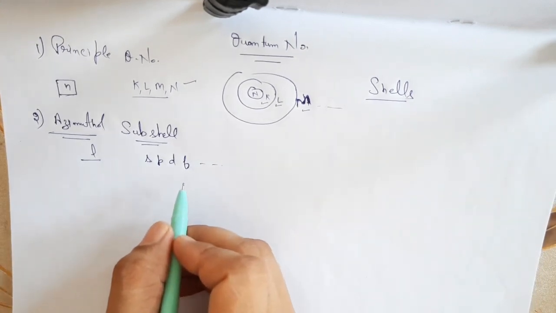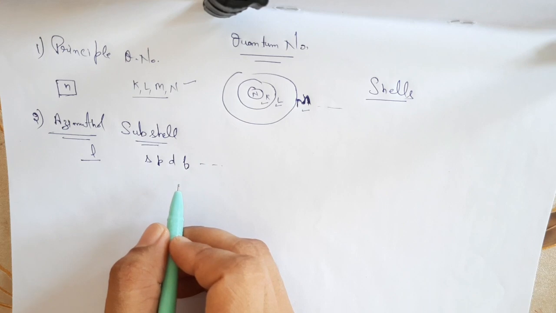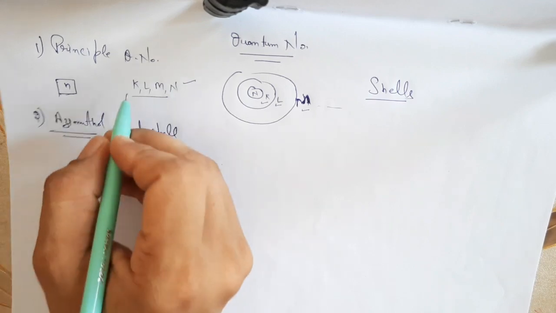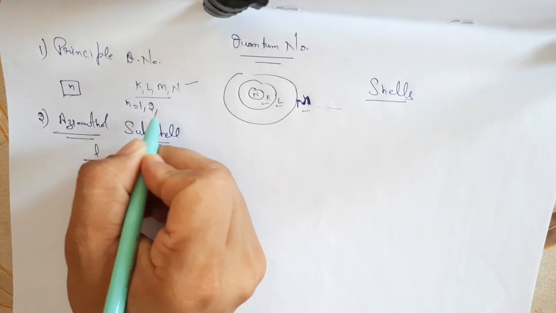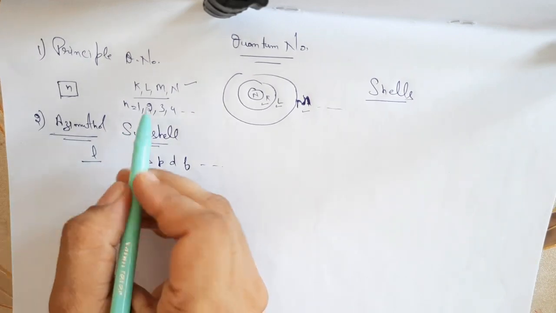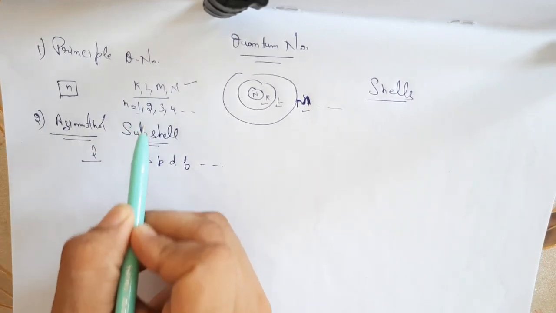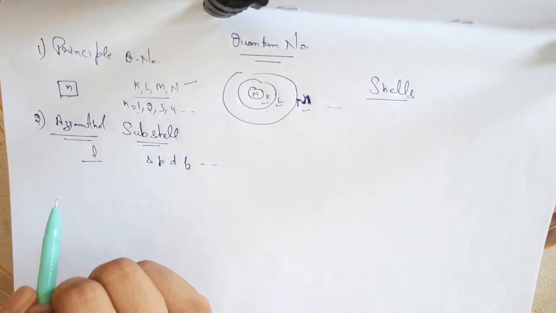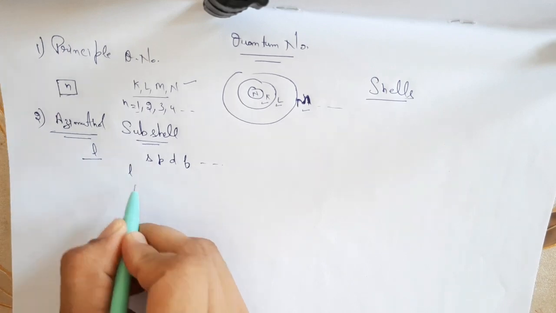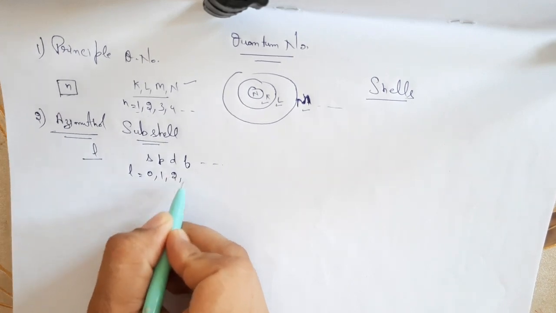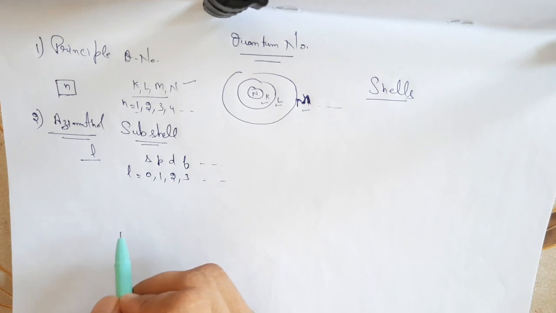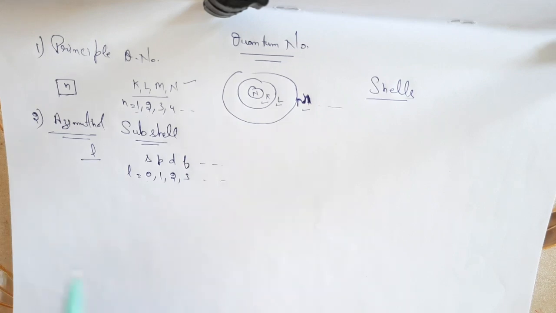The second point is that the azimuthal quantum number is always smaller than the principal quantum number, because the value of n starts from 1, 2, 3, 4, where K represents 1, L represents 2, M represents 3 and N represents 4, whereas the azimuthal quantum number starts from 0, 1, 2, 3. Thus 0 represents S, 1 represents P, 2 represents D, 3 represents F, and so on. I will explain this further by an example.